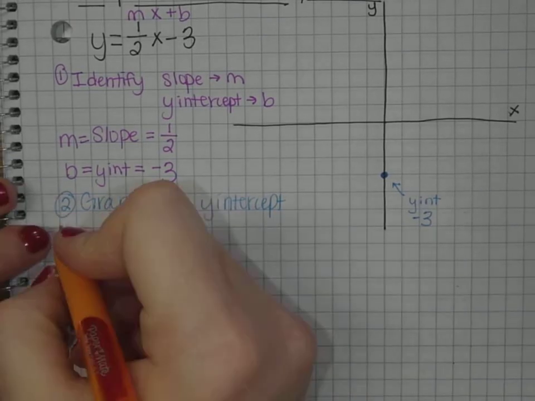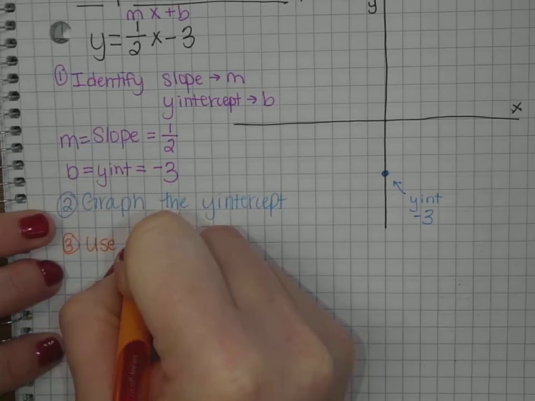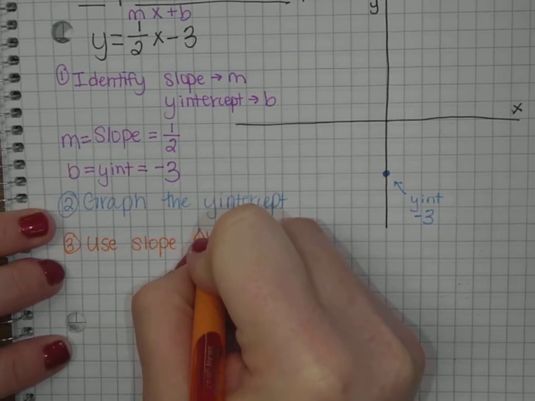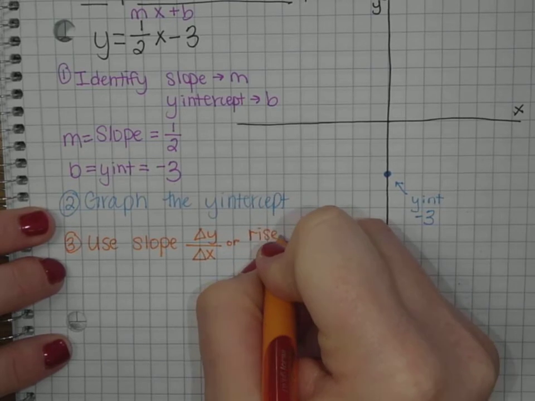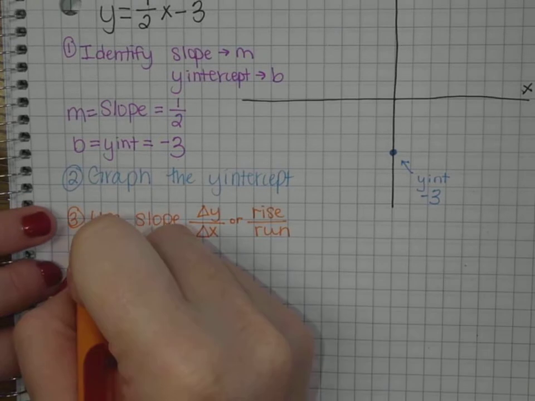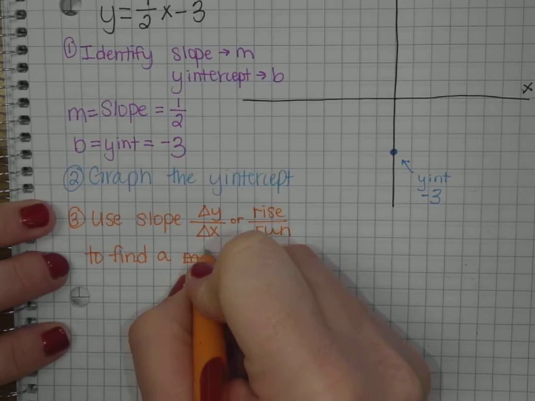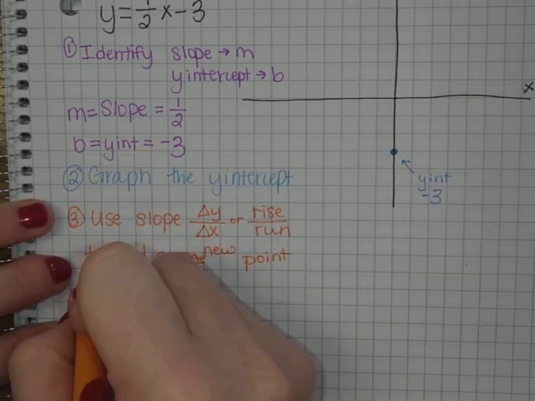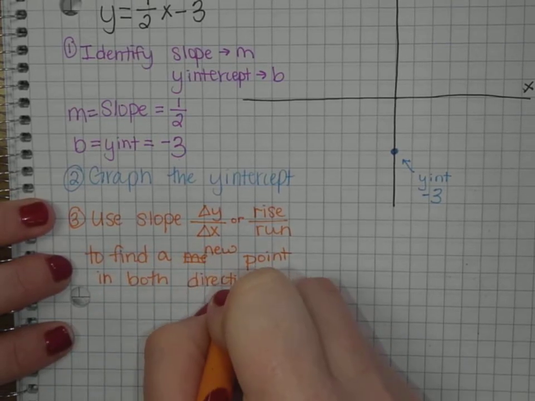Then we're going to use the slope, delta y, or change of y over change of x, or rise over run, to find a new point in both directions.